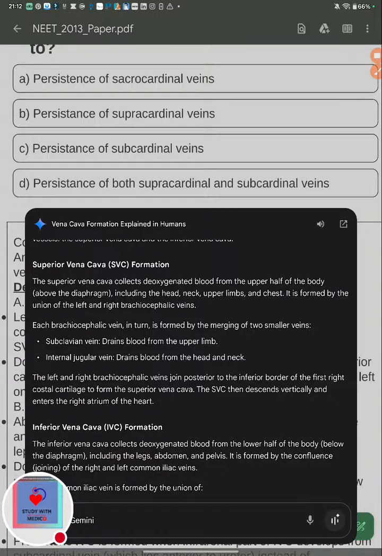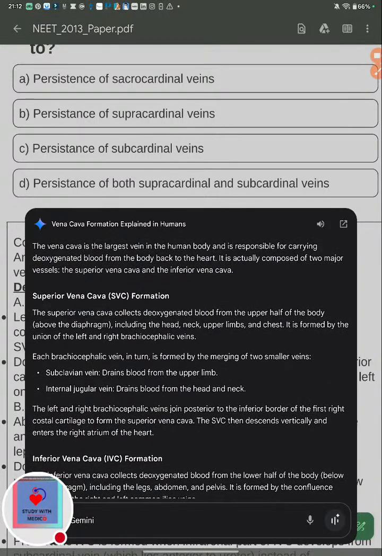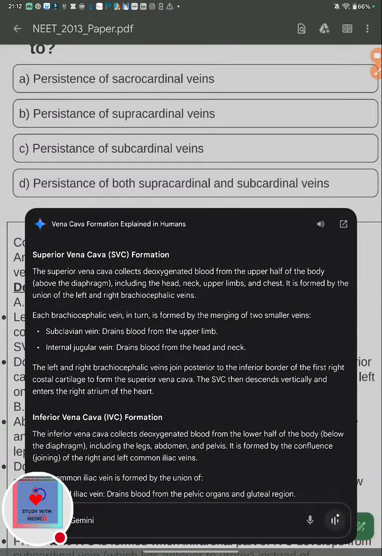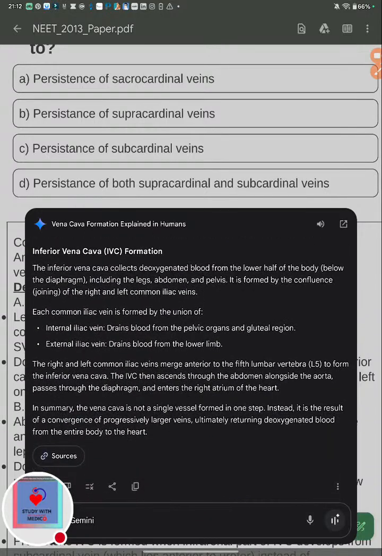The subclavian vein, internal jugular, and brachiocephalic veins will form the superior vena cava. This is clear: external from the limbs, internal from the pelvic organs and gluteal region.